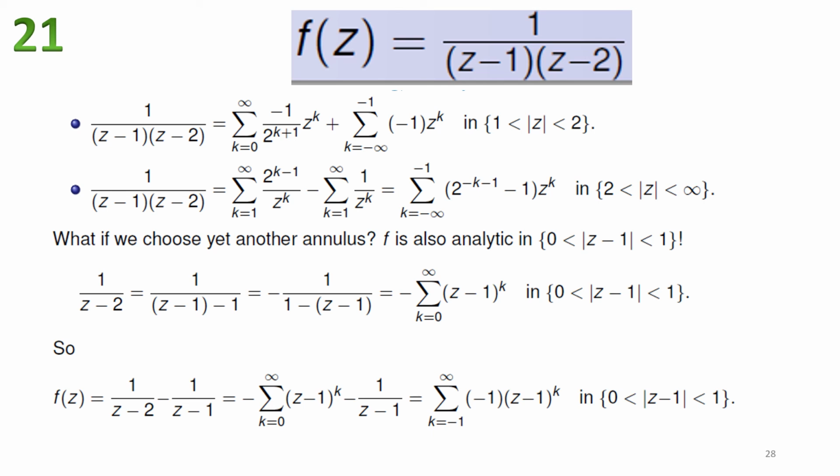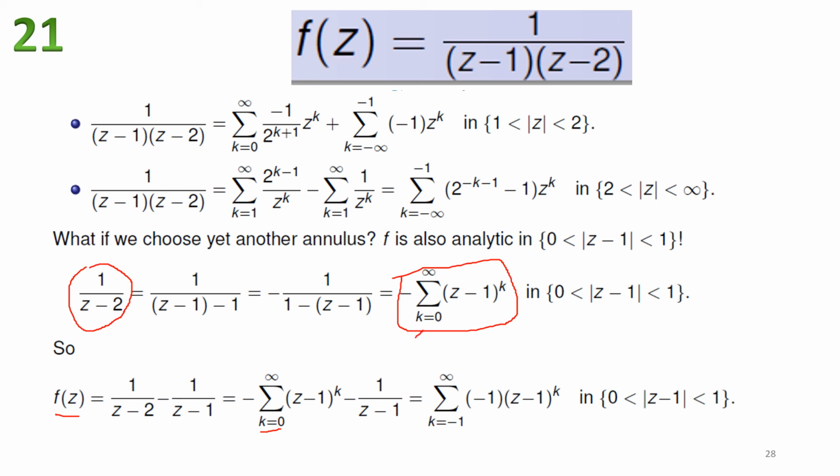Now the function f of z, which is 1 upon z minus 1 minus 1 upon z minus 2. So here we are writing minus summation k rolling from 0 to infinity (z minus 1) to the power k. So here we are using this much part for this one.